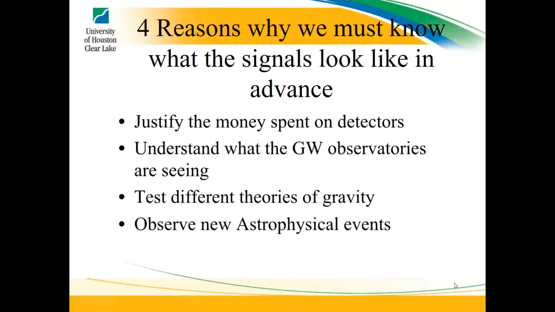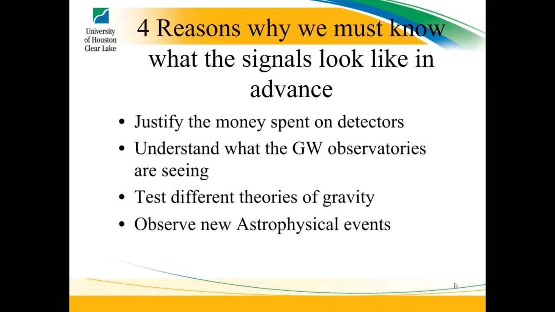So the idea was if you do the right modeling for all these sources, then when you see something on the detector, you can just compare whatever the detector's seeing to that, and you know you saw something. Also, another thing is that the way LIGO works is that it's constantly getting these signals, and most of it looks like noise, and it compares that signal not just to the other signal coming from the LIGO site, but it also compares it to templates of all the different gravitational wave signals.